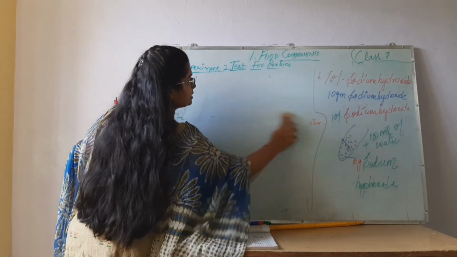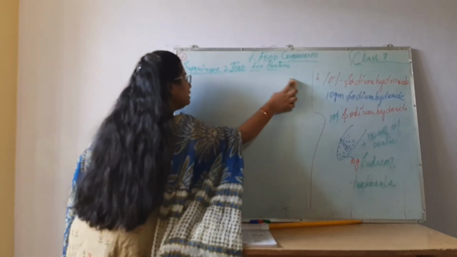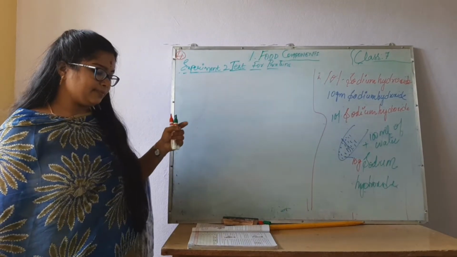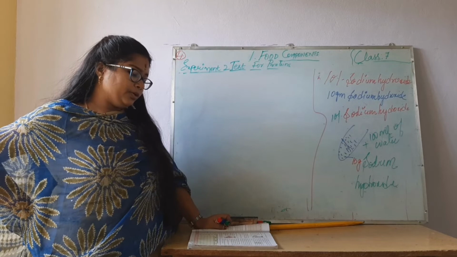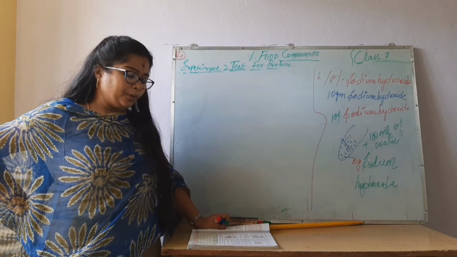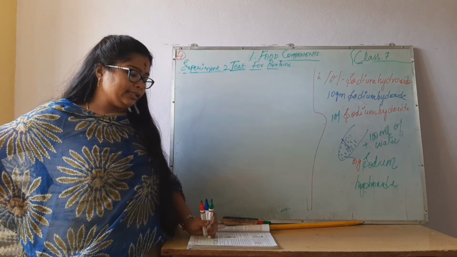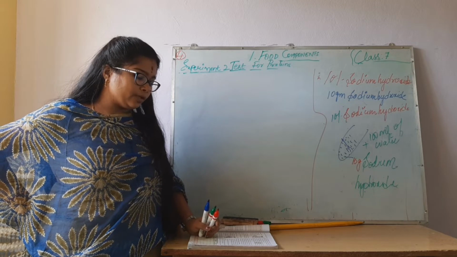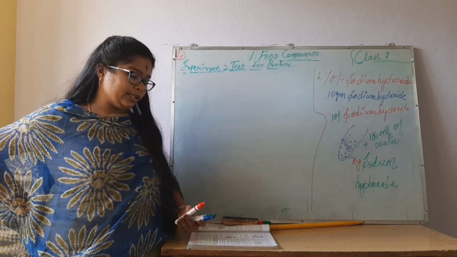After preparing this, take any food item. See here it is given: if the substance you wish to test is a solid, grind it into a powder or a paste. Add a little of it in a test tube, add 10 drops of water to the powder and stir it well.